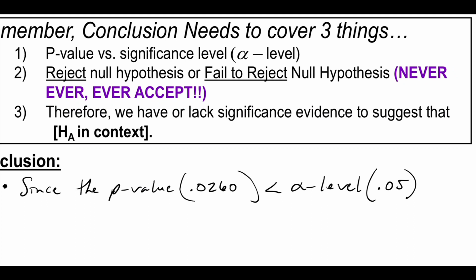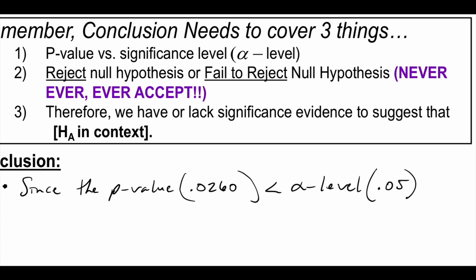We reject when p-value is smaller than alpha. In other words, if p-value can fit inside of the alpha, you reject. If it's vice versa, we fail to reject.